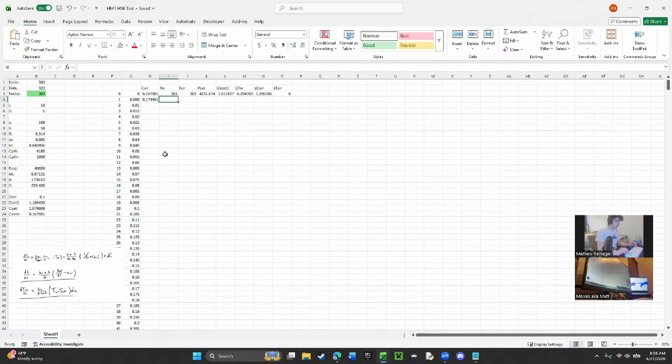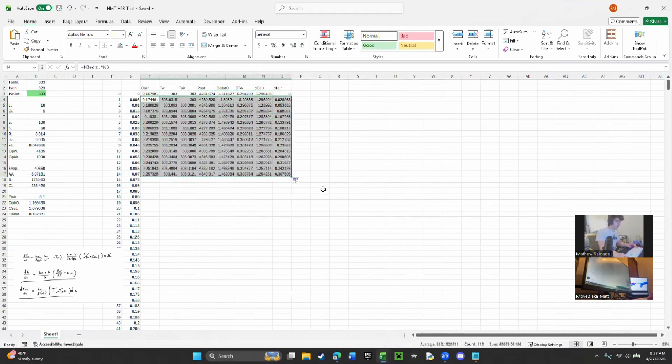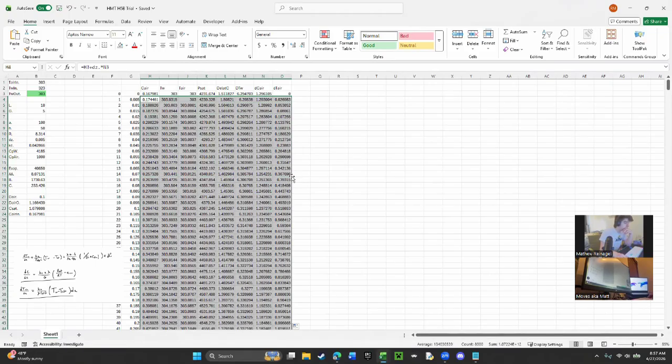And then this is going to be set equal to that plus d of z multiplied by the change of temperature of water. And then this will be 103 plus d of z multiplied by our change of air. So now we fill in the rest of here. Let me check the initial values. Okay, these look good. We're going to fill these in.